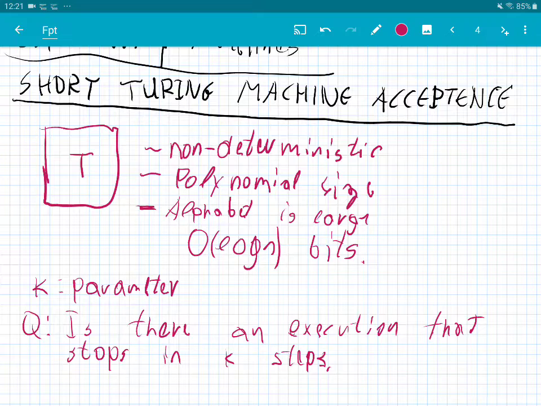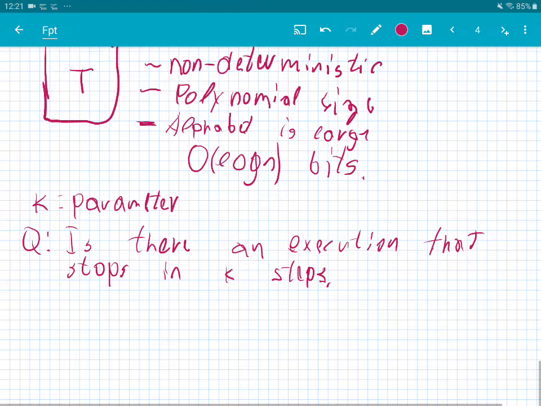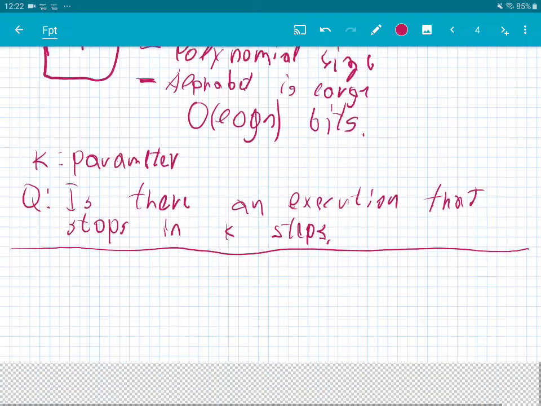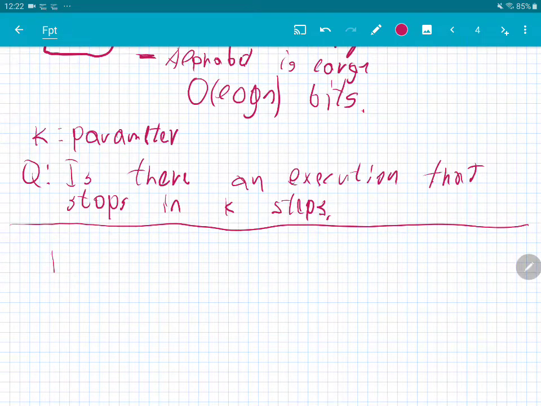Okay, so is the machine given the input, or just the input incarnate to it? Is there an execution path so that it stops in k steps? Now, to remind you, this Turing machine is non-deterministic. So naively, this problem can be solved in n to the O(k). Because we start from the start states.